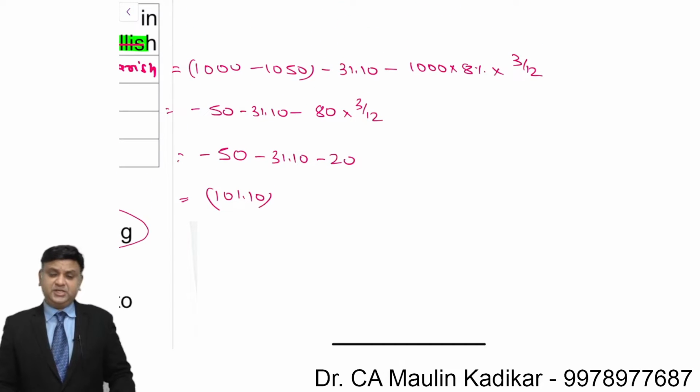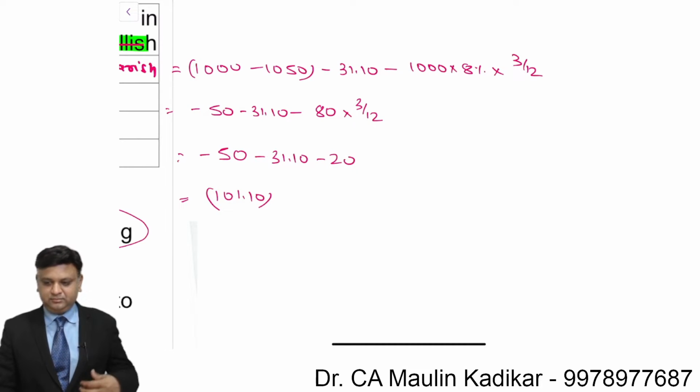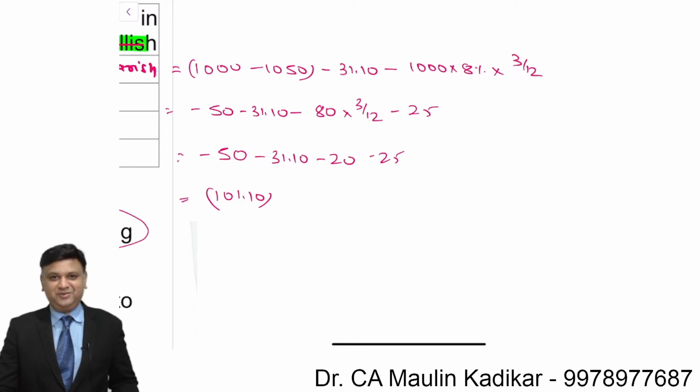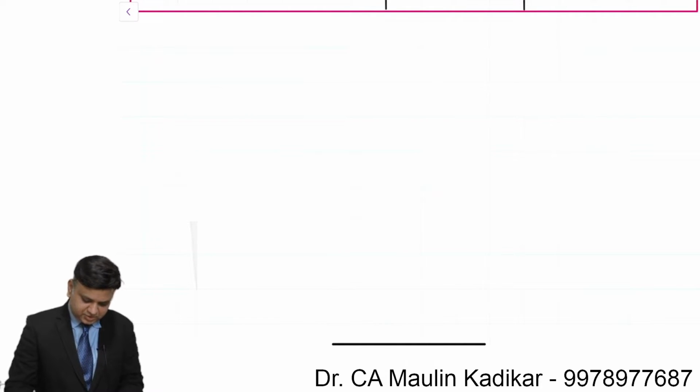Multiplying with 1000 shares, that is going to give you the total loss in the first scenario. In addition to that, there will be payment of the dividend, that is an amount of 25 rupees. That is the way the loss will be calculated. So write down the answer for the third question.